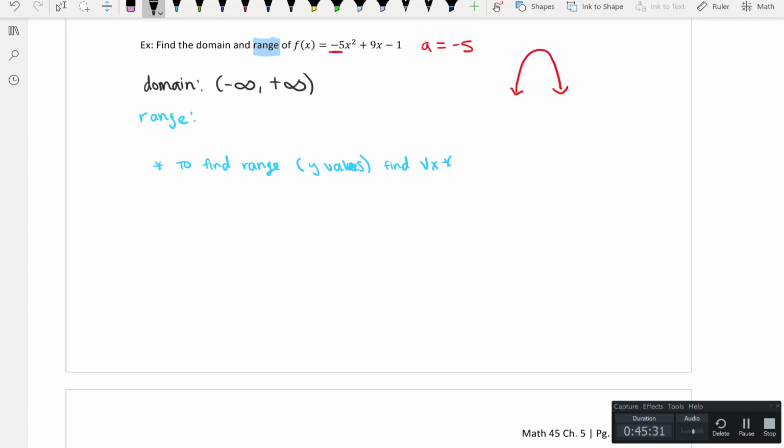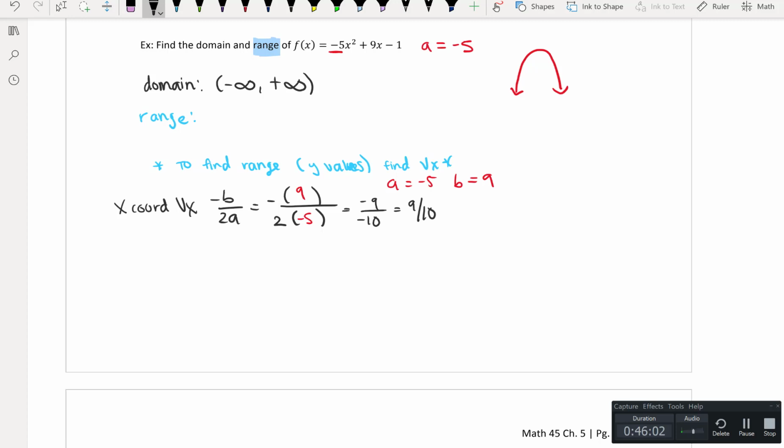The x coordinate of the vertex comes from the negative b over 2a formula. My a was negative 5 and my b was positive 9, so I plug in 9 and negative 5. That gives me negative 9 over negative 10, so I have a positive 9/10.